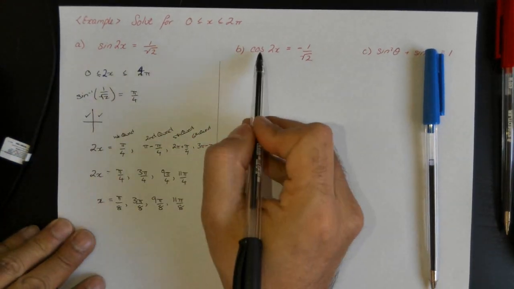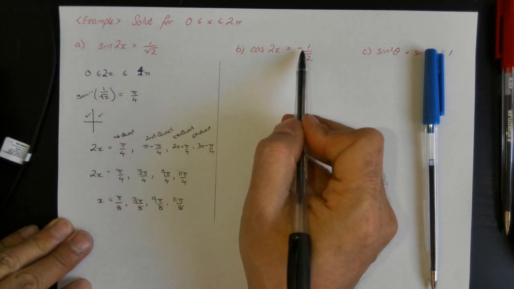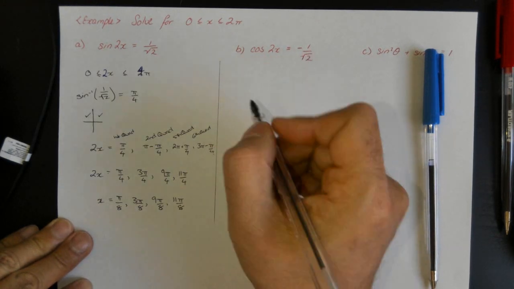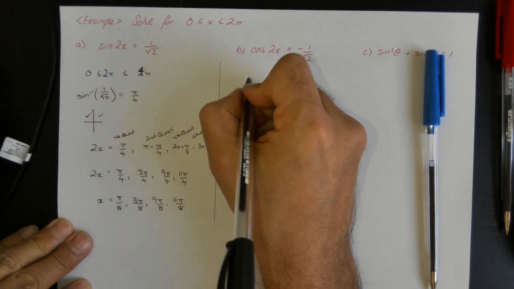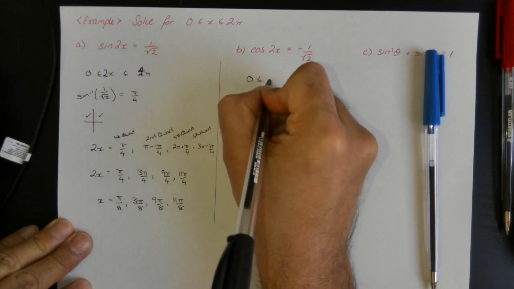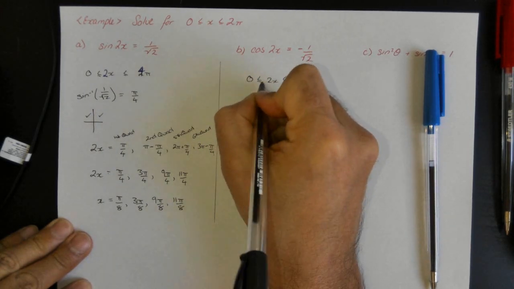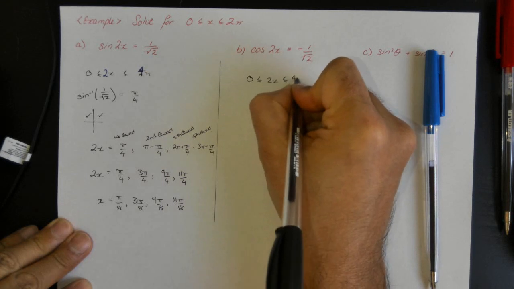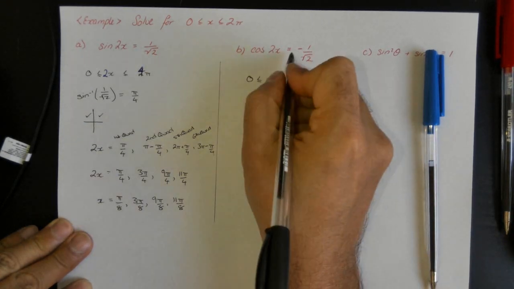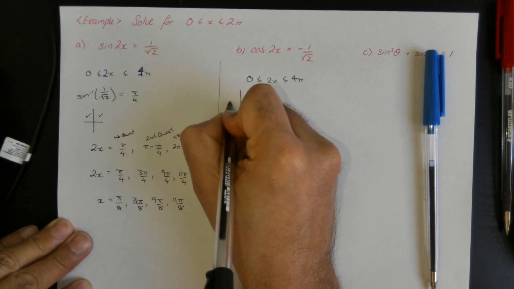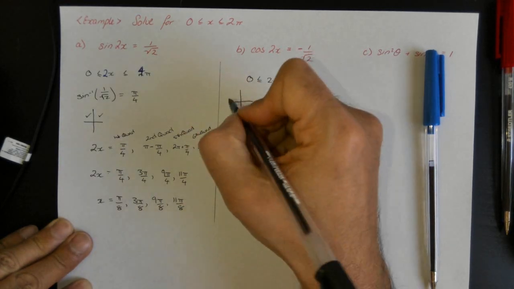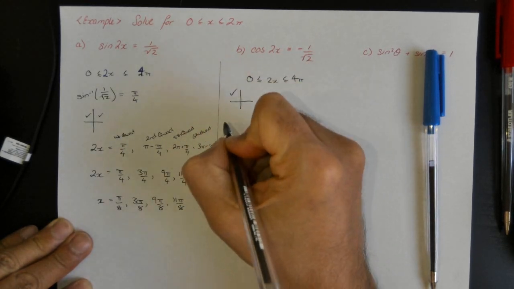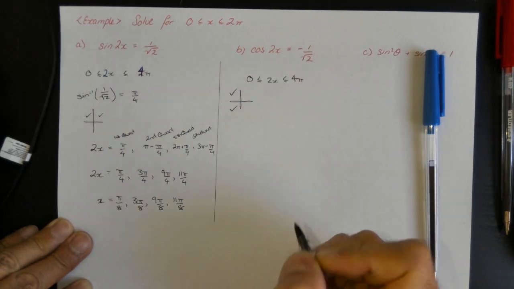So same thing, we've got cos of 2x now, but we've got negative 1 on root 2. So once again, I'm going to multiply, if it was 2 pi, so now it's 4 pi. And now it's negative, so we want when cos is negative. Cos is negative in the second quadrant and in the third quadrant.